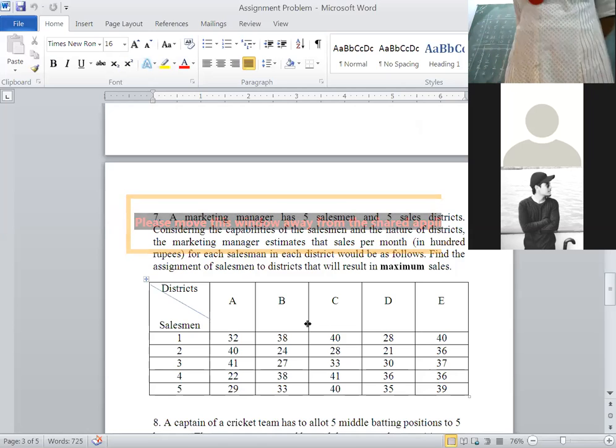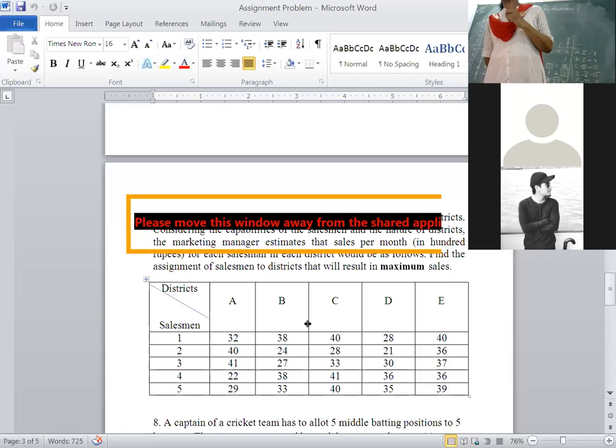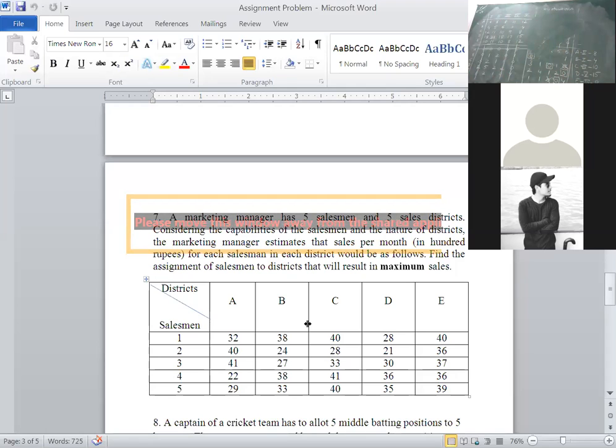The difference between minimization and maximization is that in the entire matrix, you first have to search for the largest element, or maximum value. Here in this problem, the largest element is 41.